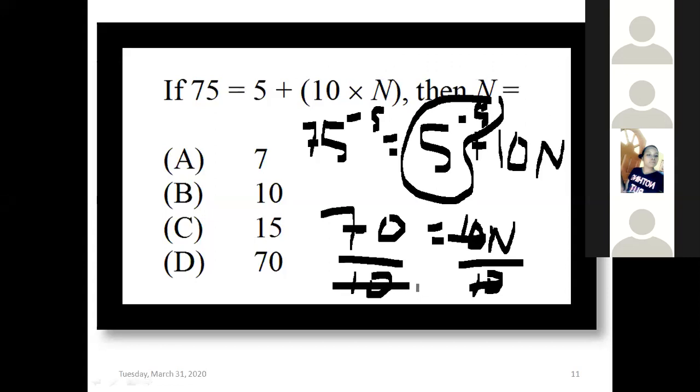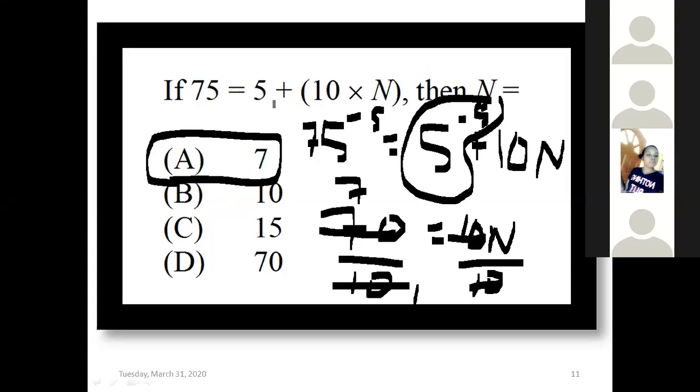All right, so remember it's multiple choice, so you don't have to do all of this. As I said before, you can also just ask what number times 10 plus 5 gives 75, and you get the answer straight away. All right, moving on.